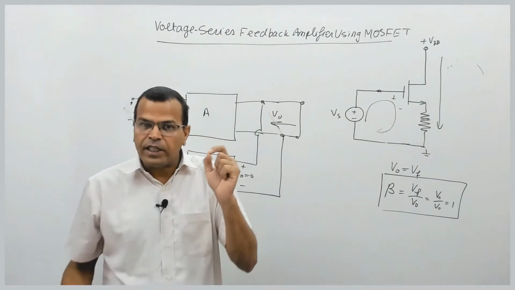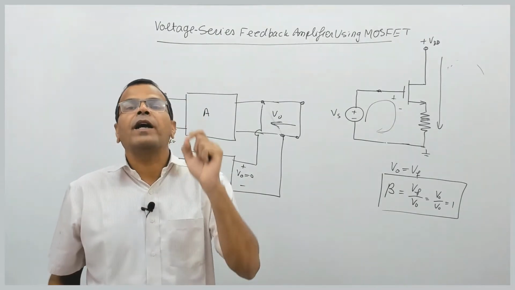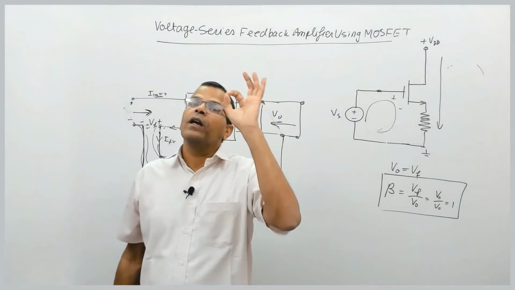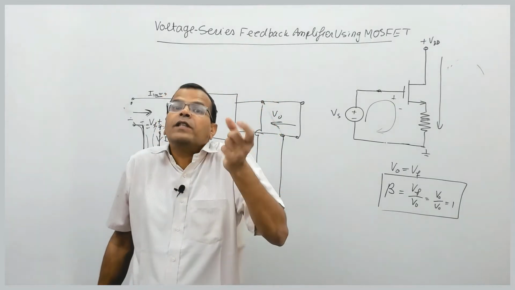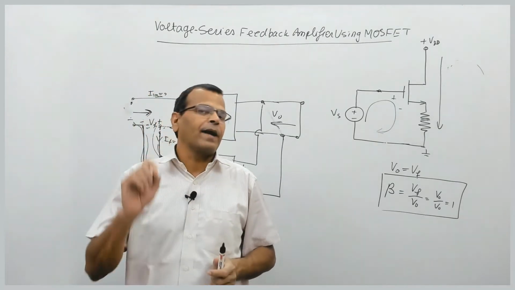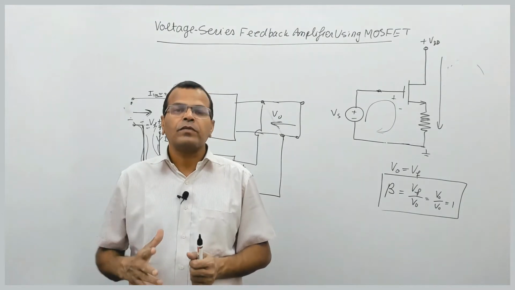In case of series, I need to make current equal to 0. In case of shunt, I need to make voltage equal to 0. If it is series mixing, I need to make current equal to 0. If it is series sampling, I need to make output current equal to 0. Please understand how to identify input and output circuits without feedback loading.